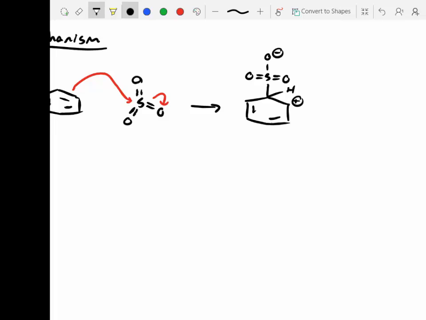The weird thing in this reaction is that sulfuric acid, or the conjugate base of sulfuric acid, will actually act as a weak base. So this super duper weak base is strong enough to grab this proton, clamp down, and restore aromaticity.